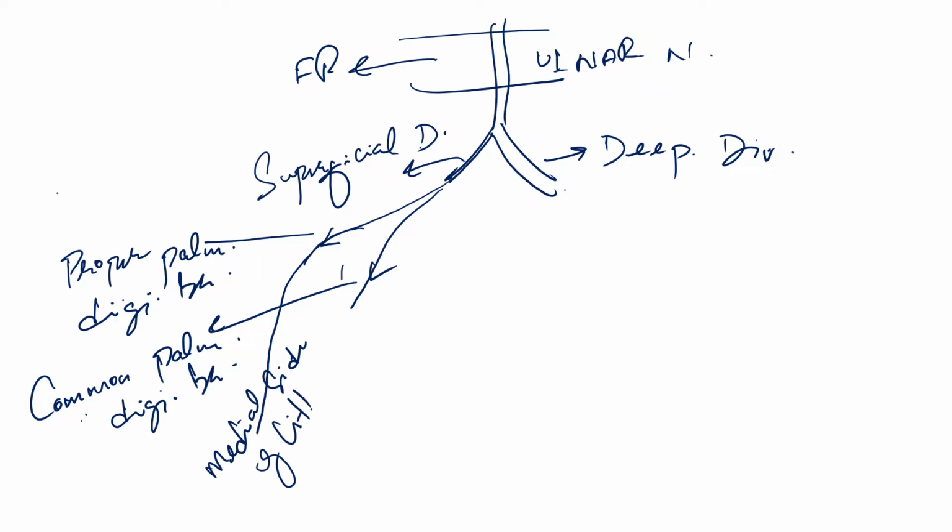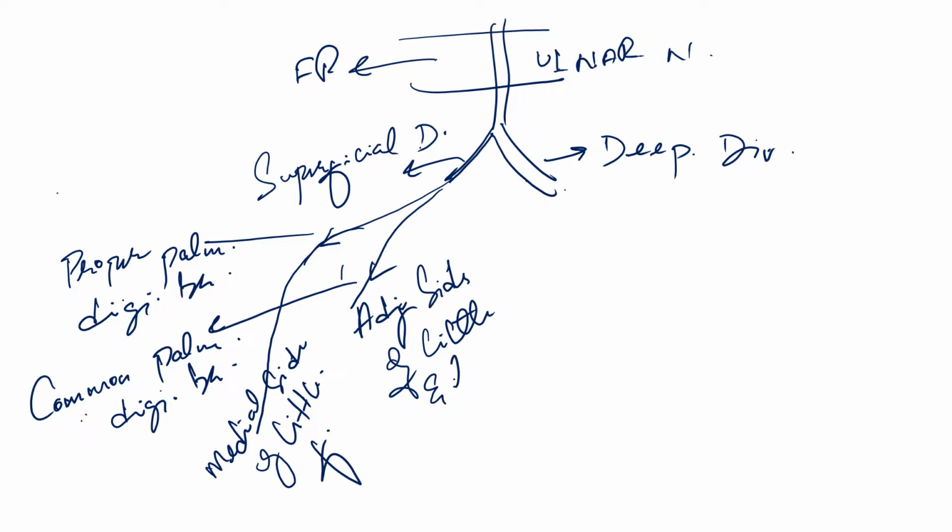So this is about the distribution of the proper palmar digital branch, whereas the common palmar digital branch supplies the adjacent sides of the little and the ring finger. So this is about the distribution of the superficial branch of the ulnar nerve.